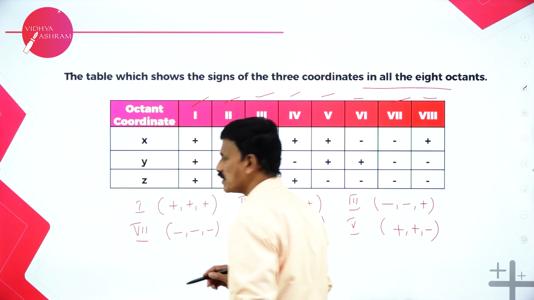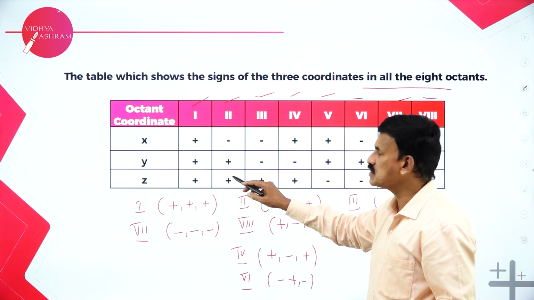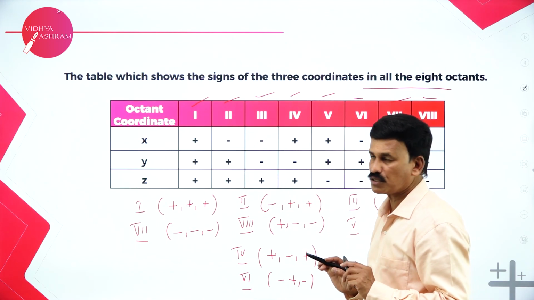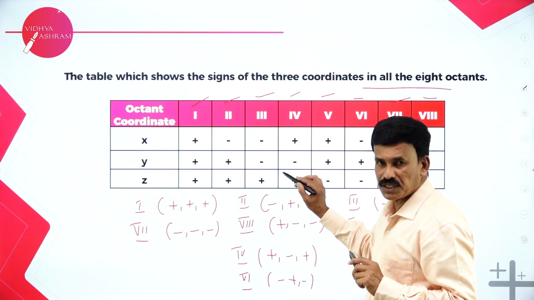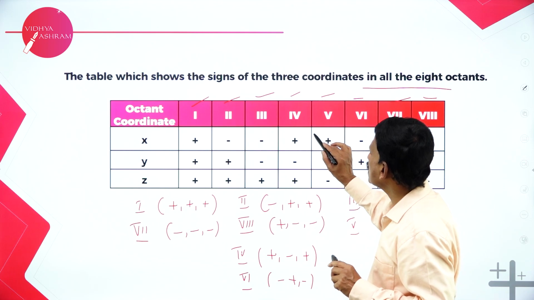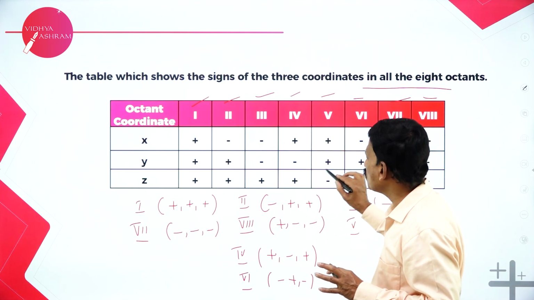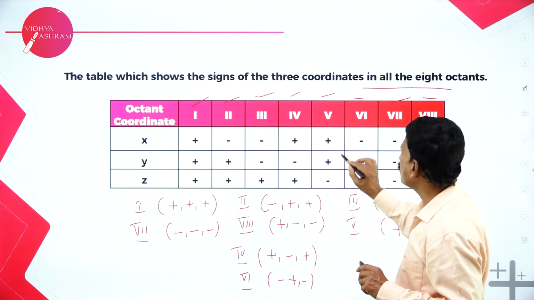Just remember very easily: in the first octant all are positive. In the second octant, x is negative, y and z are positive. In the third octant, x and y are negative, z is positive. In the 4th octant, x is positive, y is negative and z is positive, only y is negative. In the 5th octant, z is negative, x and y are positive.